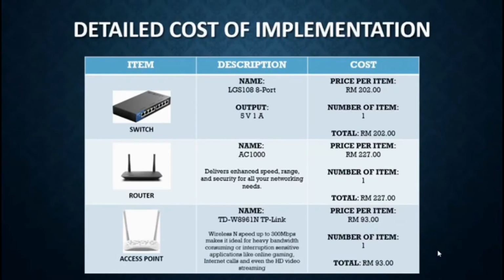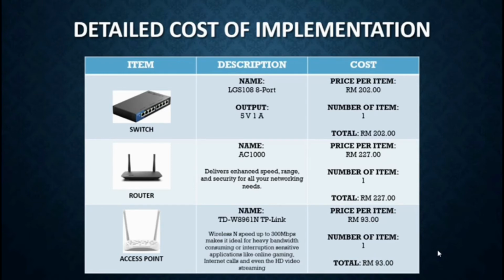Detailed cost of implementation. First, we have the switch. The switch we use is the LG S108 8-port. Price per item is 2,202 ringgit. Second, the router. The type of router we use is SC1000.